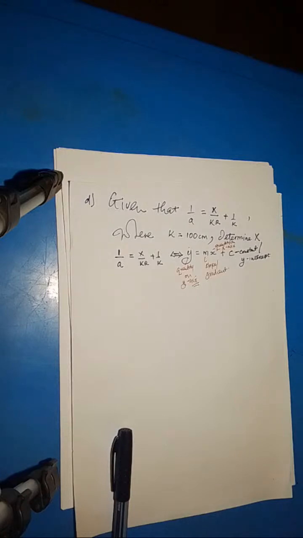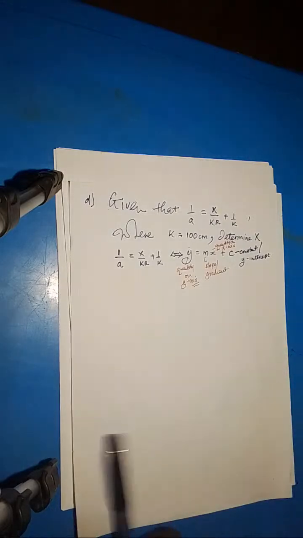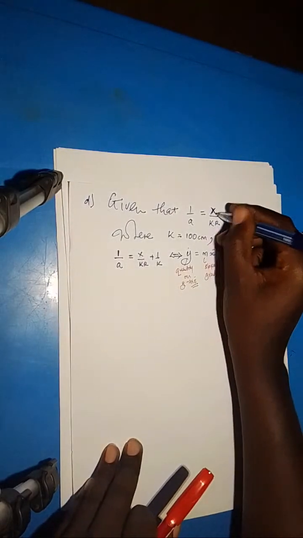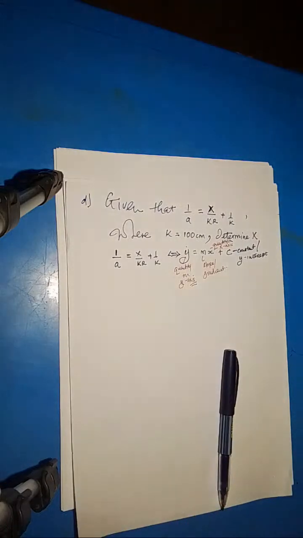This one must be made. The equation given in the question is 1 over a is equals to x over kr plus 1 over k.